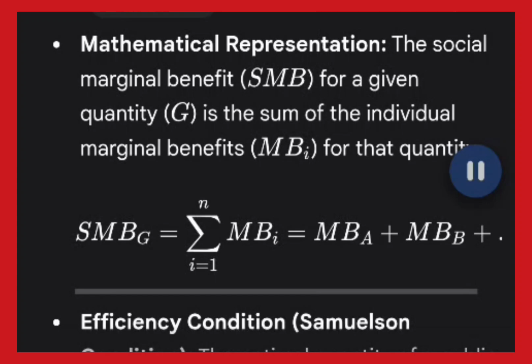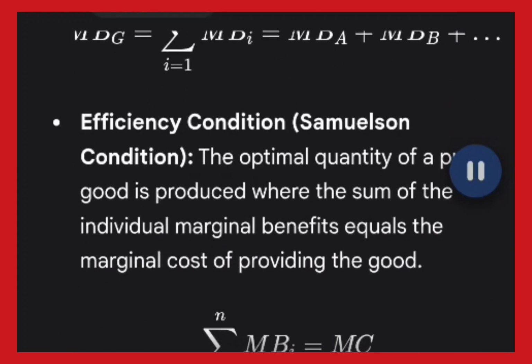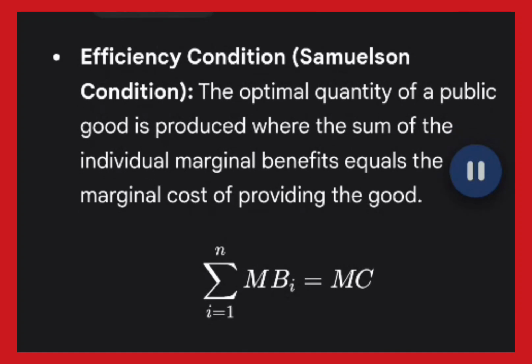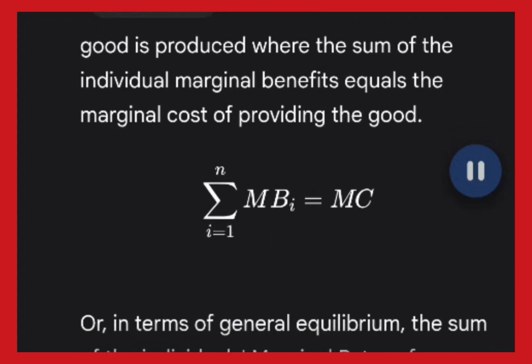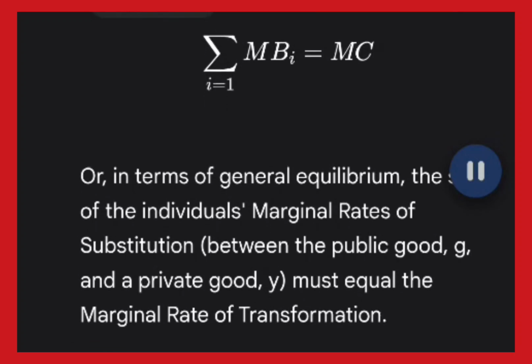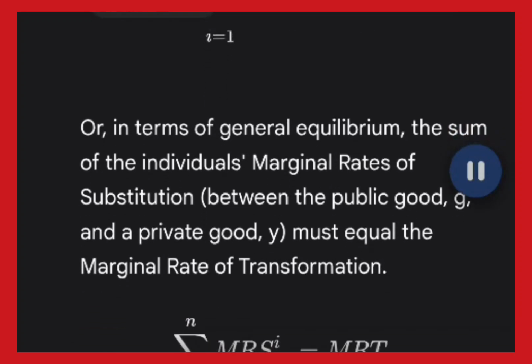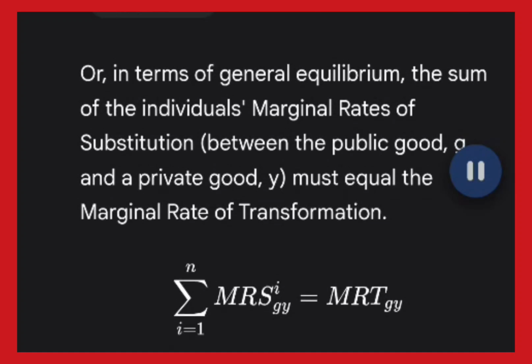Efficiency condition, the Samuelson condition: the optimal quantity of a public good is produced where the sum of the individual marginal benefits equals the marginal cost of providing the good. Or, in terms of general equilibrium, the sum of the individuals' marginal rates of substitution between the public good G and a private good Y must equal the marginal rate of transformation.